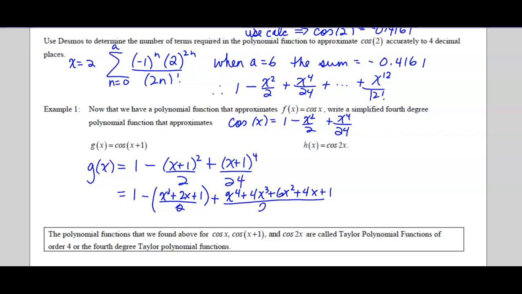Remember that you can pause the video whenever you need to. Often with these polynomial approximations, we show it in increasing order of degree, so ascending order of degree.